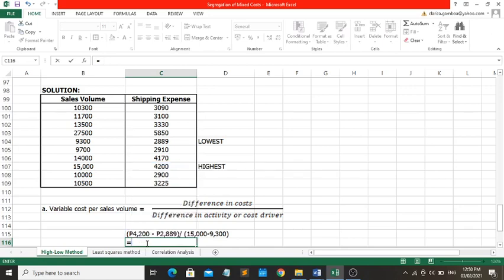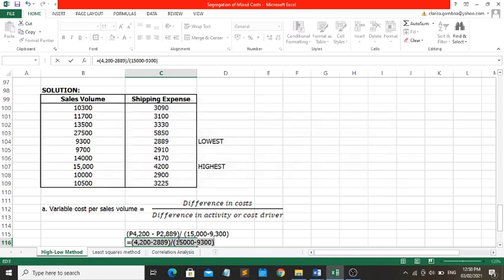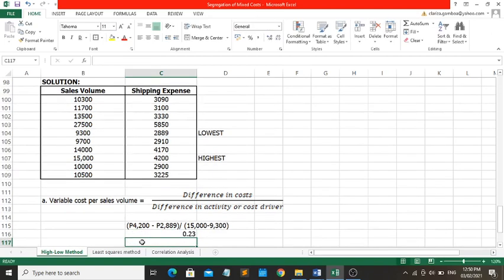So, meron na tayong highest and lowest point. So, our variable cost per sales volume is equal to 4,200 less 2,889 divided by 15,000 less 9,300. So, what we have is 0.23.